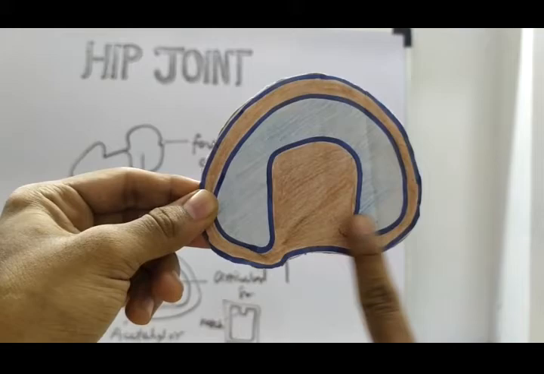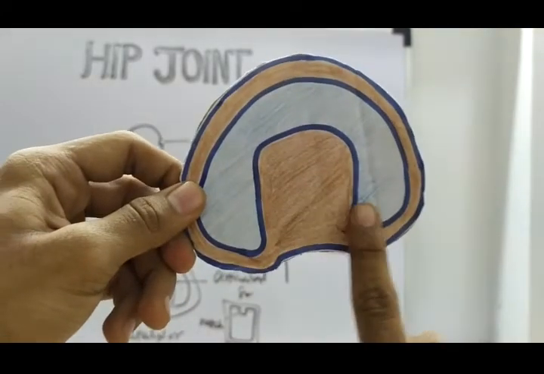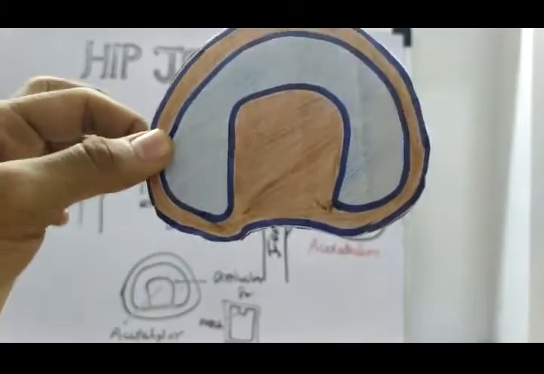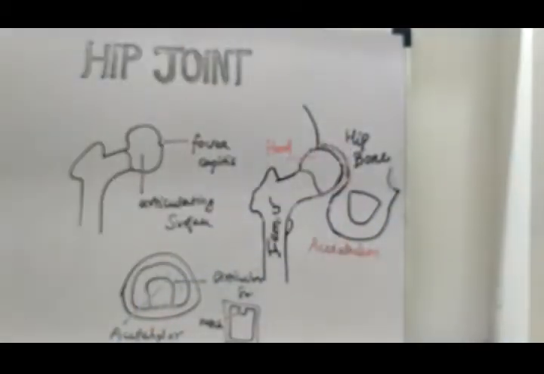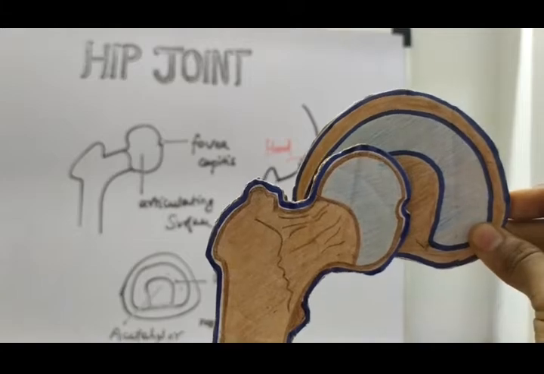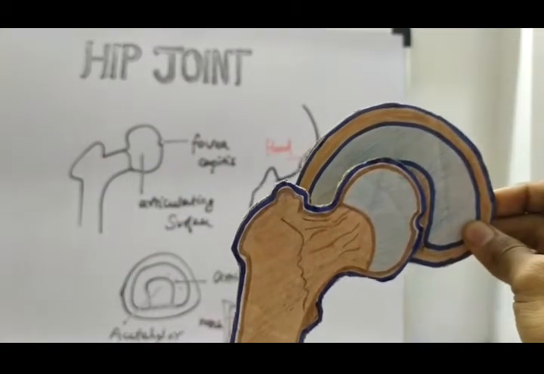Here you will be having the transverse ligament as I showed you in the diagram. So that makes the acetabular notch into an acetabular fossa, right? So I am just showing you again, this is how the articulating surfaces will be, the head of the femur articulating with the acetabulum.